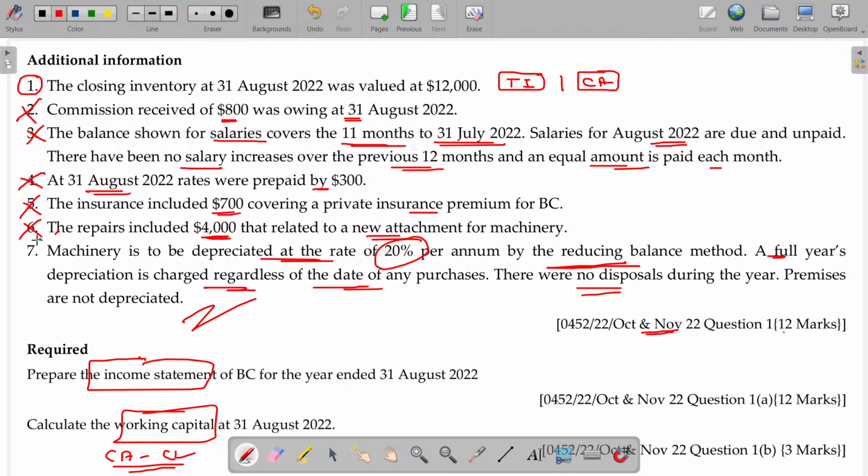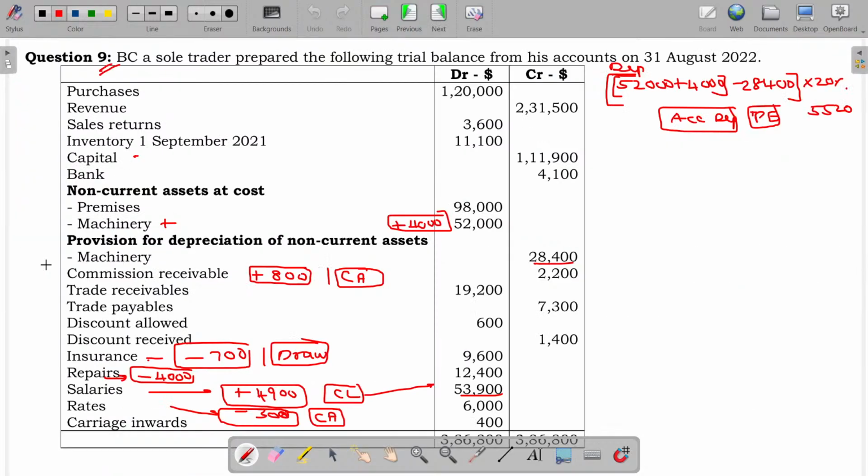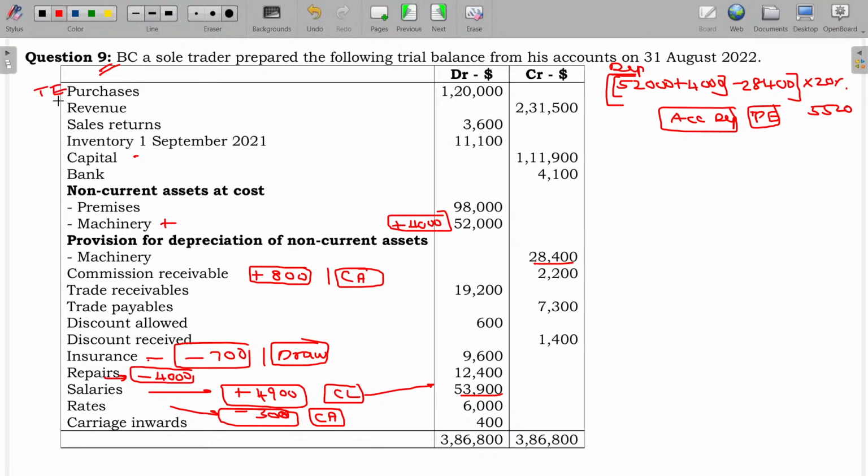So all the things are now noted here to be adjusted. So now we can prepare the income statement easily. Purchases, trading section expenses; revenue, trading section income; sales return, trading section expenses, deductible from the revenue. So we prepare the financial statements for 31st August 2022. The opening inventory is a trading expense, capital will go to the capital, bank is a current asset, non-current asset, we will adjust that later on.